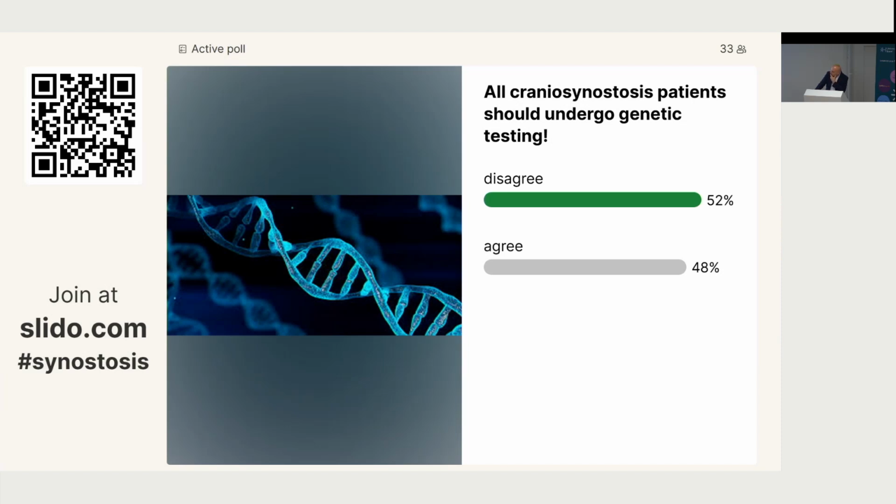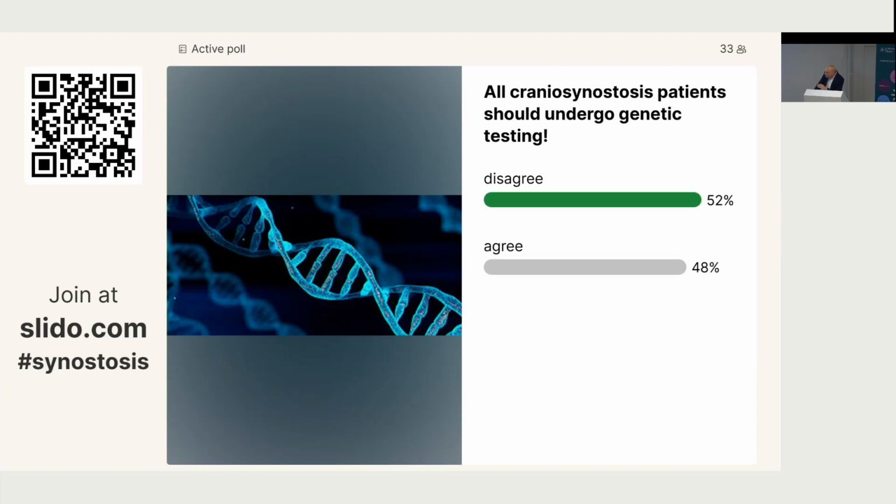I think money is an issue, resources are an issue, but more of an issue is finding, like an incidentaloma, things that have no significance. I've not seen a single suture synostosis that was eventually found to have one of the syndromic diseases. So in our situation and our setup, I just don't see a reason to do it.